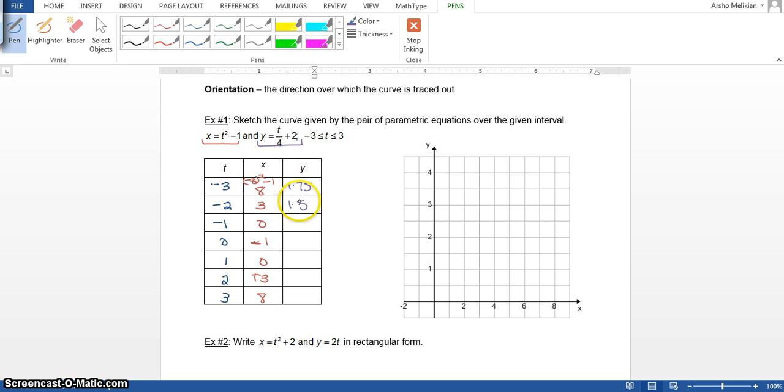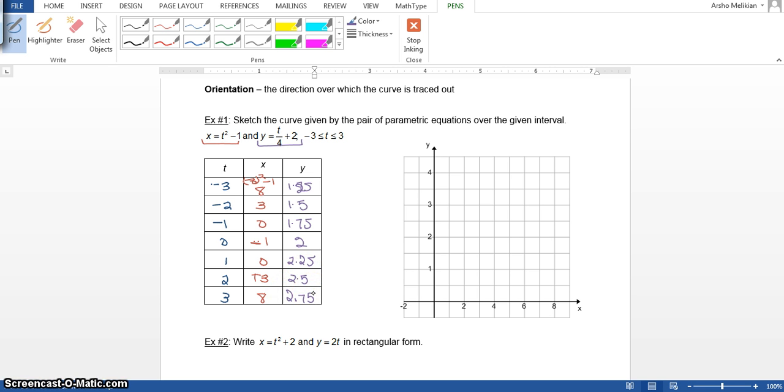Then 1.75. When t is 0, we get 2. When t is 1, what do we get? 2.25. When t is 2, 2.5. And finally, 2.75.